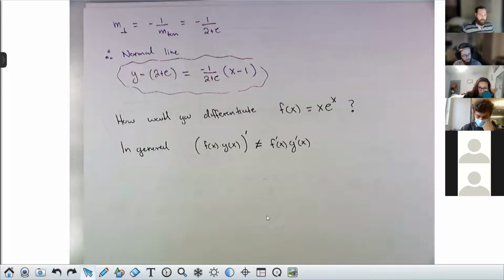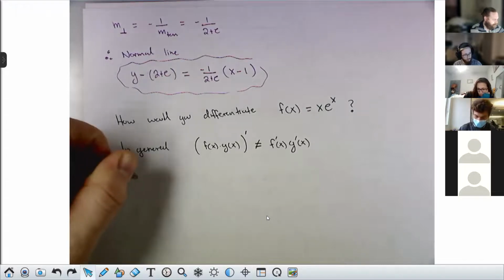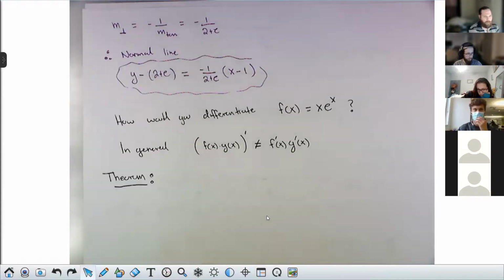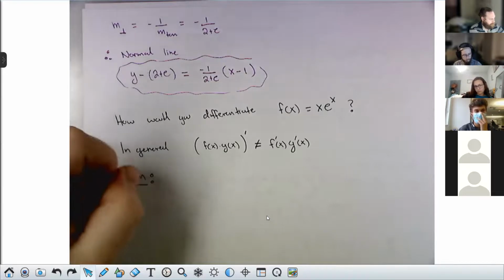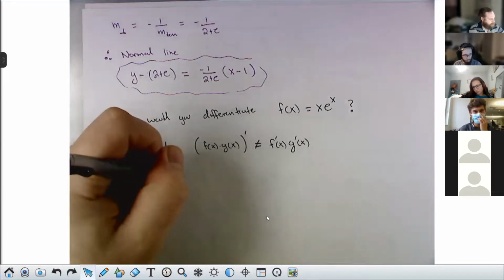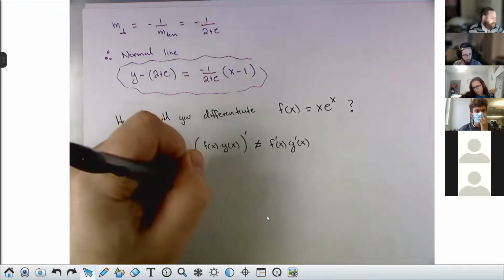You can think about it geometrically, but the result, I should just share with you, it's called the product rule. I'll write it in the prime notation.